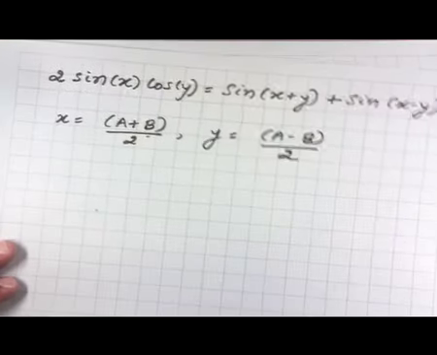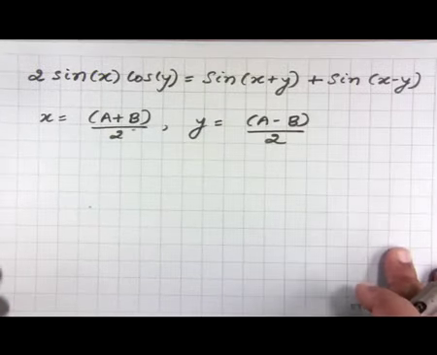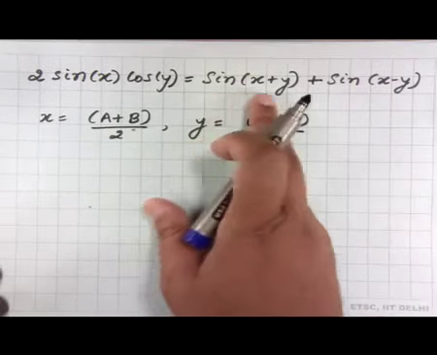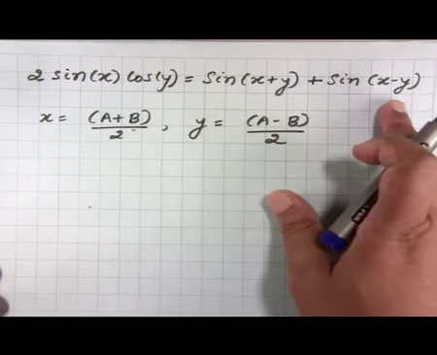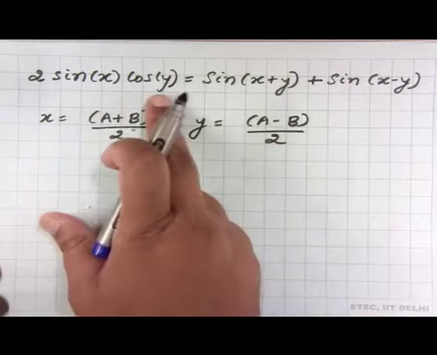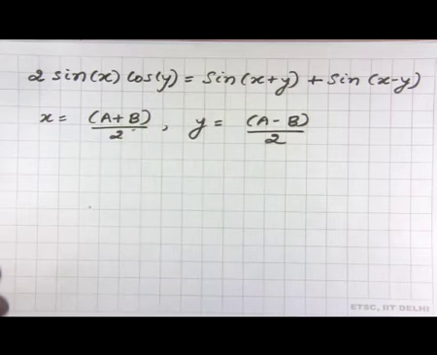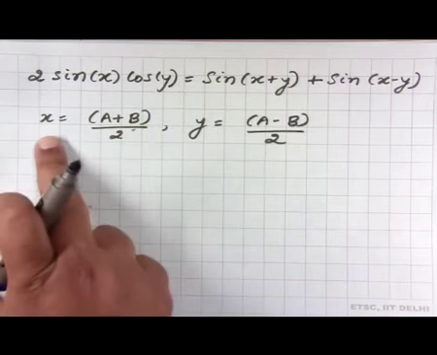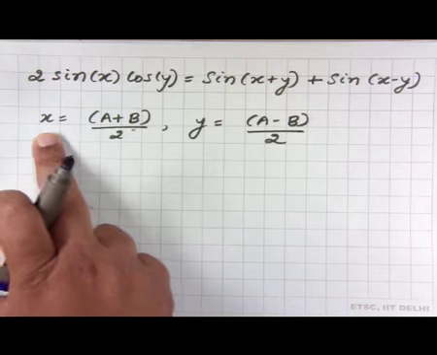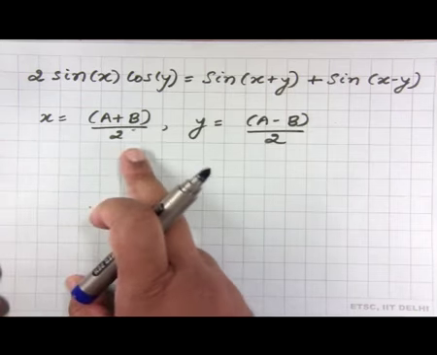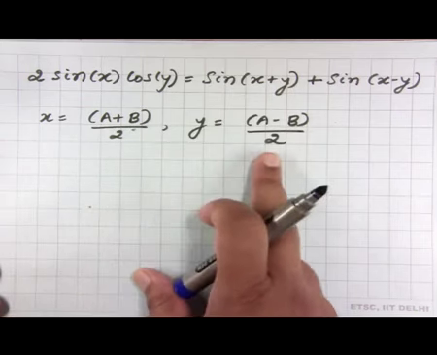Similarly, we know that sine of (x plus y) plus sine of (x minus y) is 2 sin x cos y, and we do the same substitution here again with x equal to (a plus b) by 2 and y equal to (a minus b) by 2.